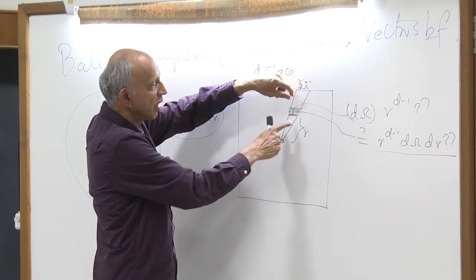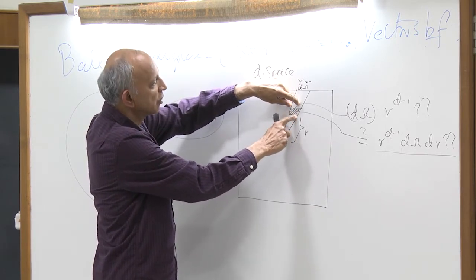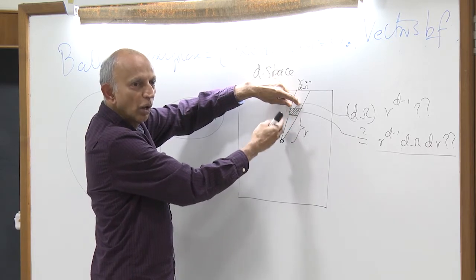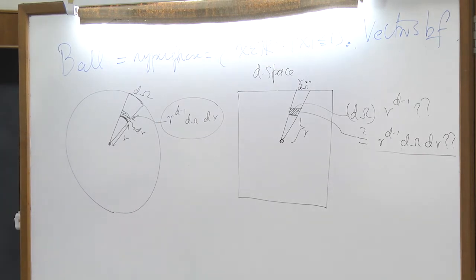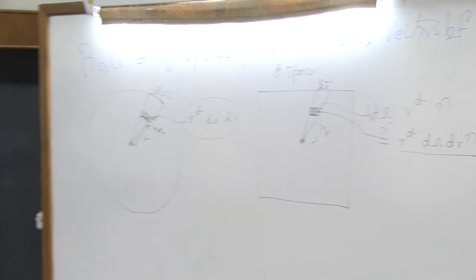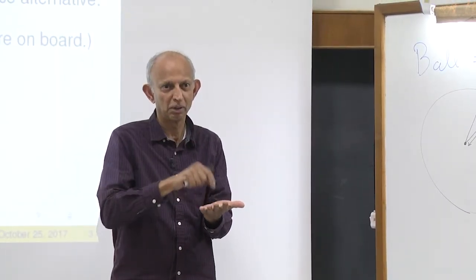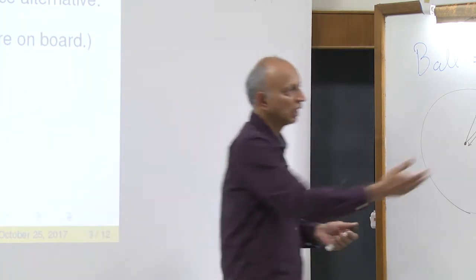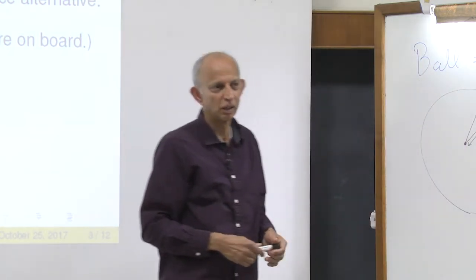But in d dimensions, the volume of this would be equal to this times that, provided they're orthogonal. You must take only the height, just as you do in 2 to 3 dimensions. So the d-dimensional volume of an infinitesimal volume is infinitesimal surface area times height, but the perpendicular height. It cannot be an angular height. So as I said, you get the wrong answer if you do this and integrate even in 2D.